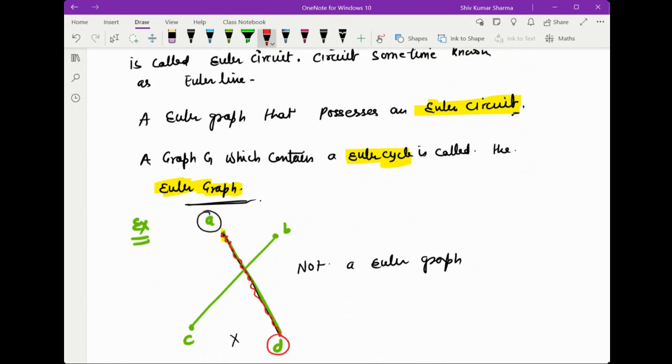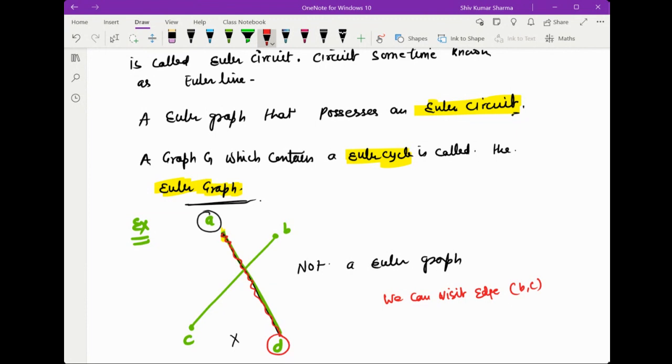There is no way to visit the edge BC. So this graph is not an Euler graph.